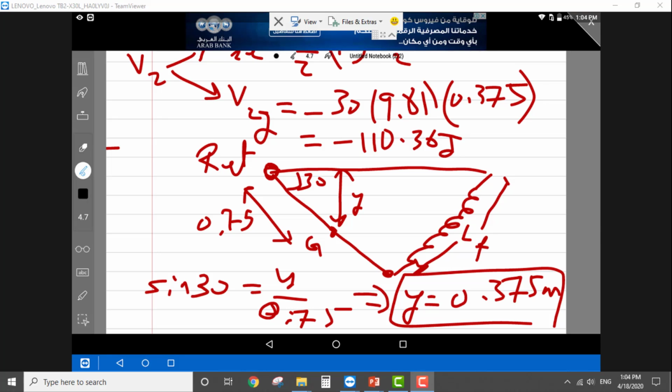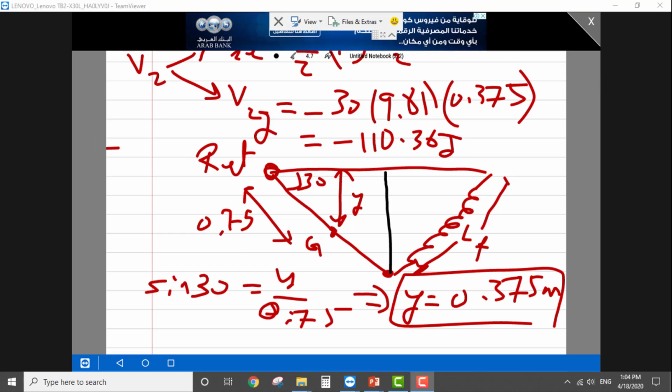Easily by drawing this triangle. The whole distance is 1.5, and I need this distance. If I name this y1, this would be y2. Let me first calculate y2, and you know that this distance is equal to 2.